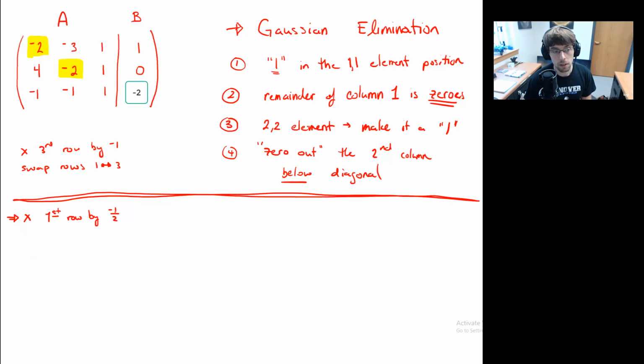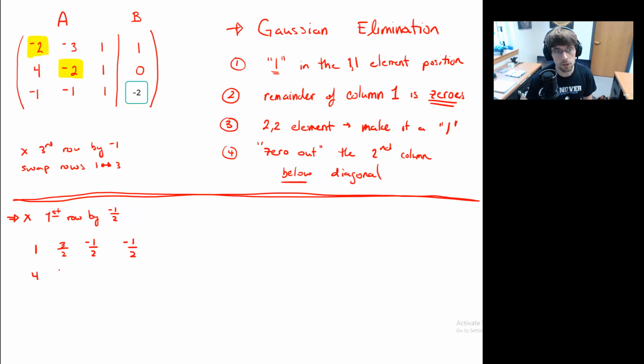So what happens? Well, if I multiply the first row by -1/2, I have 1, 3/2, -1/2, and a -1/2. And I haven't done anything to the other two rows.